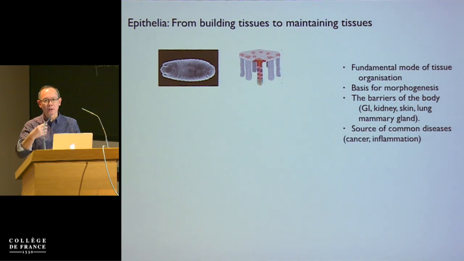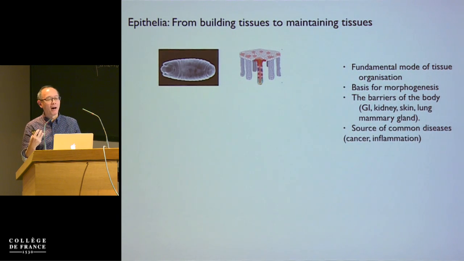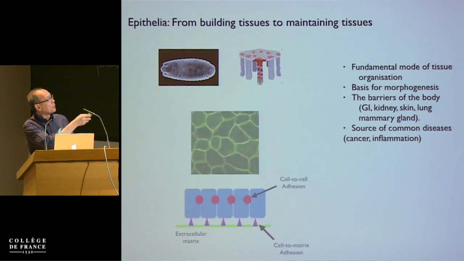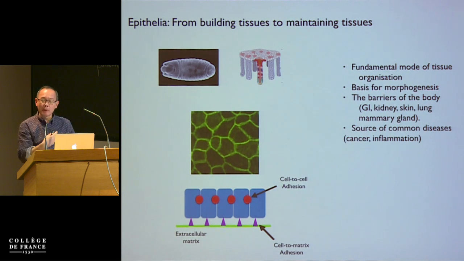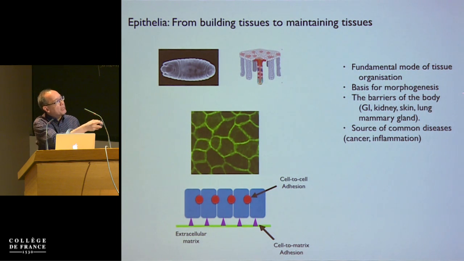And what I'd like to do for the next few minutes is to ask you to change the perspective of your thinking a little bit, to move from the cellular level to the supracellular level of tissues, and particularly in our case, of epithelia. Epithelia, you know, is the first organ of the early embryo, but also the basis for morphogenesis and also for many of the barriers within the body, the gut, the skin, the kidneys, and so forth.